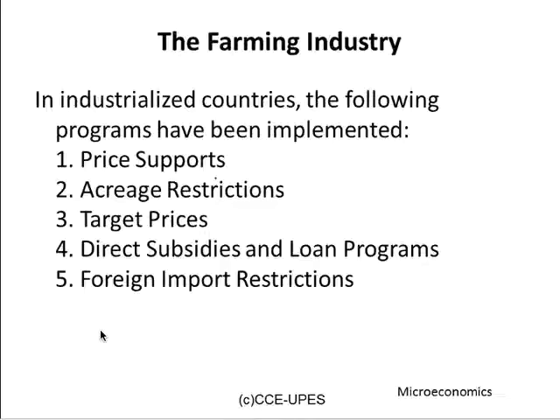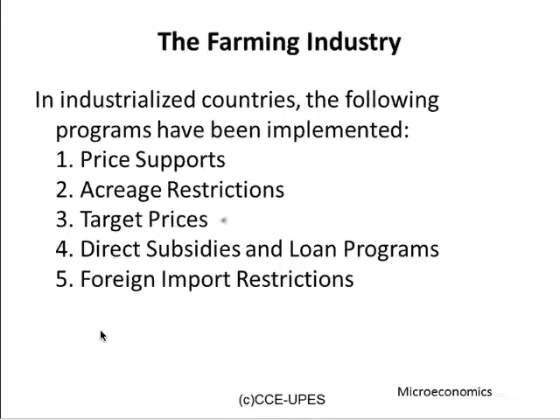Now let's face the reality and see how the position of free competition, not perfect competition, is not allowed to exist. There are support prices by the government for obvious reasons. There are restrictions as to how many acres can be used for production of a particular crop.